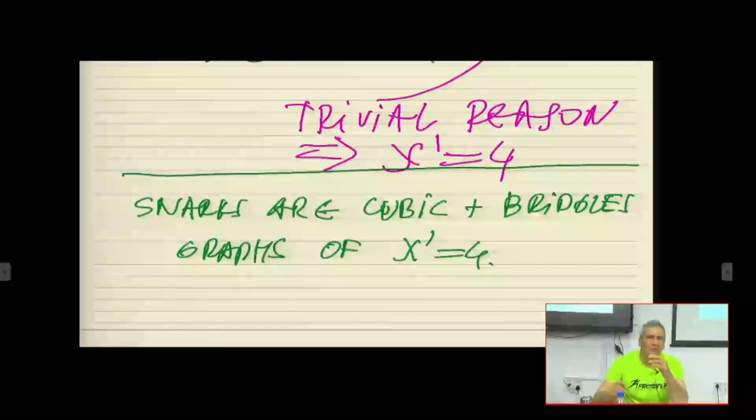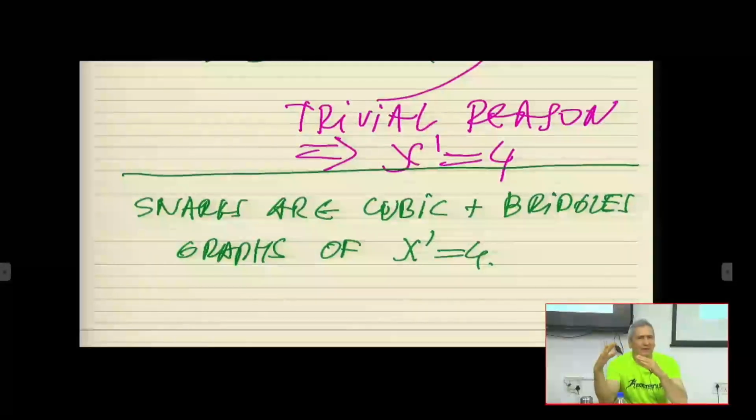So we would like to get rid of this trivial reason why something has chromatic index 4 and then get a nice class of graphs and work with this class of graphs. So first we get rid of bridges.